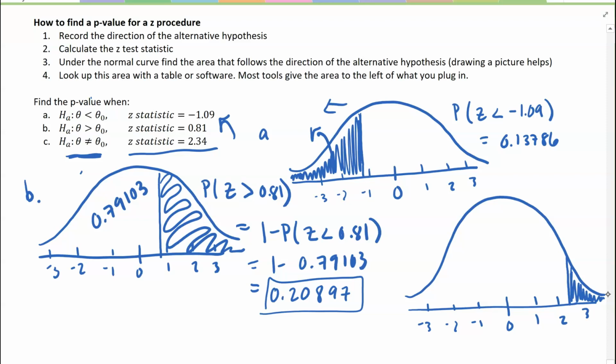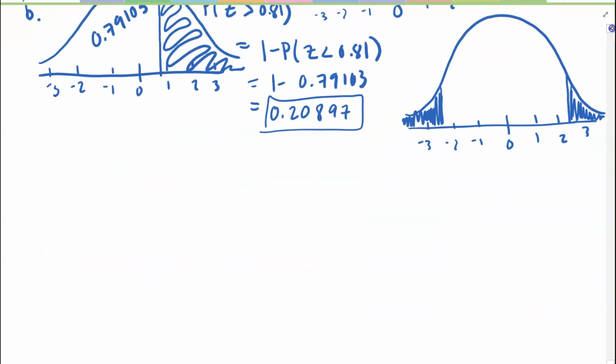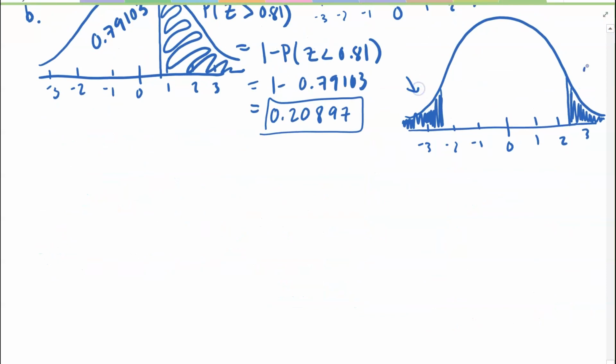What that means is that we're also going to go down to negative 2.34, and shade in the area below the negative of our test statistic. Now here's the thing, these two areas, they're going to be the exact same thing because the z distribution is symmetric. So if we find one, we've found the other one. So you get to choose which one you find, but I'll prove to you that these two areas are the same. Let's find this area first.